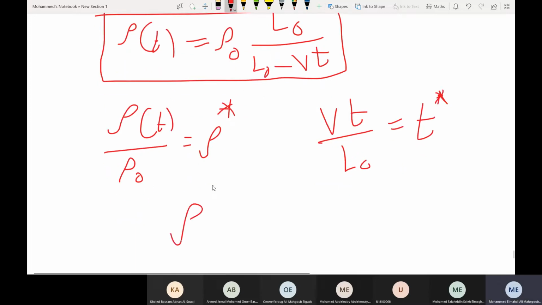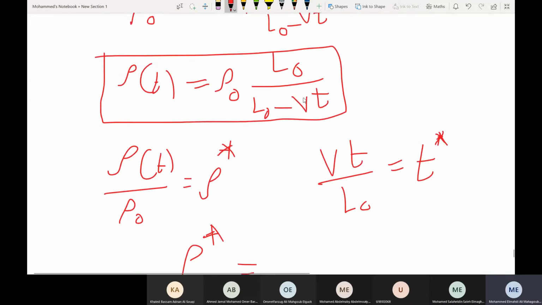Here we have L as a common factor, so it cancels. So this will be 1, here divided by L naught.